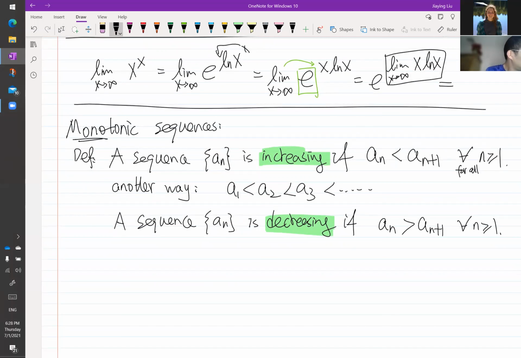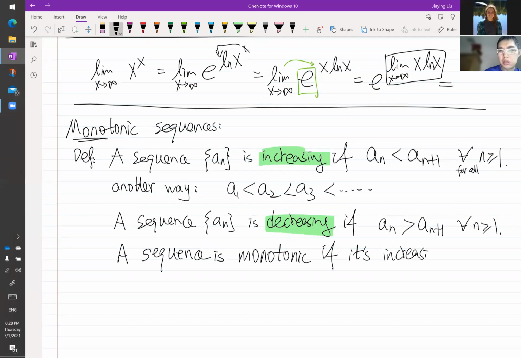And another one: a sequence is monotonic if it is increasing or decreasing. If you have a sequence that's increasing, that's monotonic.